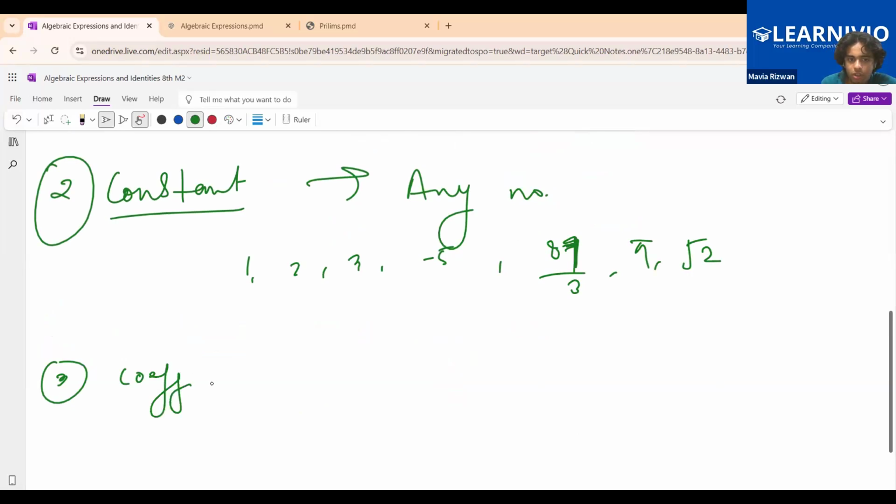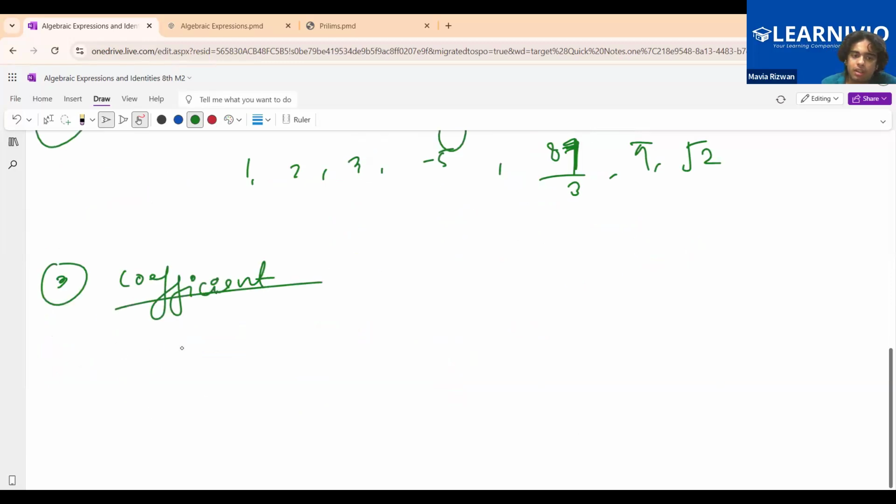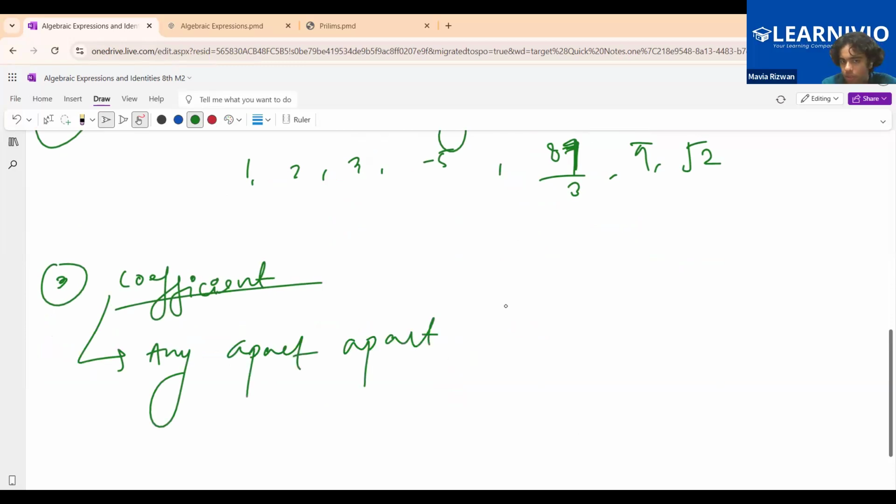Coefficient. What is coefficient? Anything apart from a particular variable in a term is a coefficient.